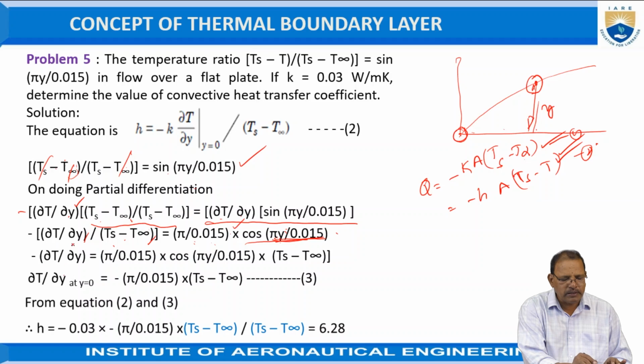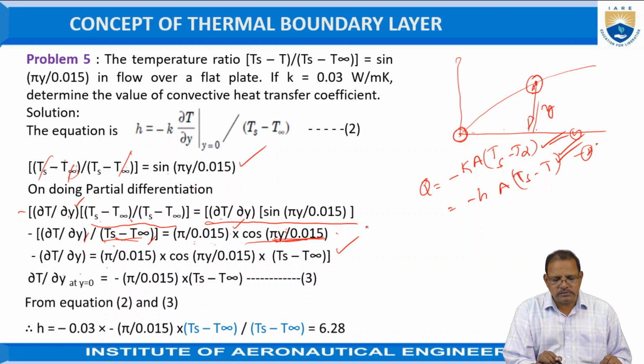So minus dT by dy is equal to pi divided by 0.015 into cos of pi y by 0.015 into (Ts minus T alpha).